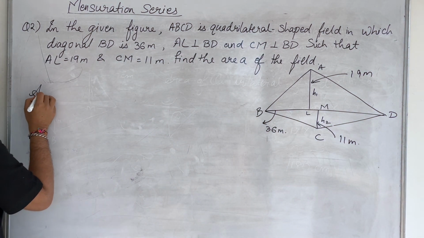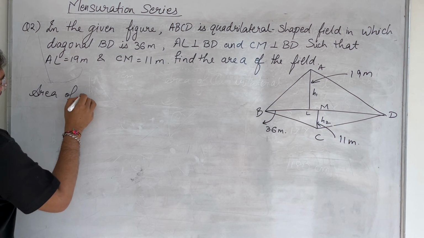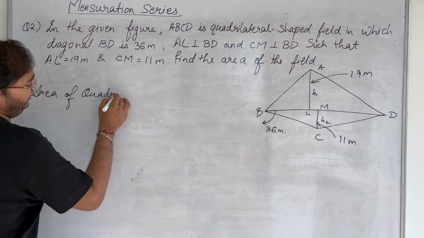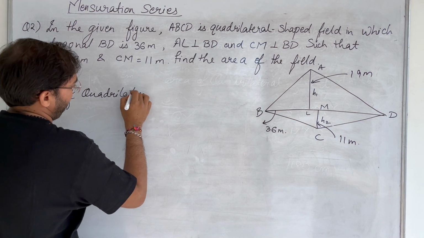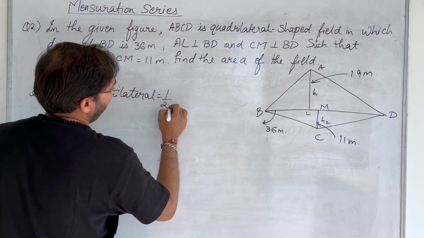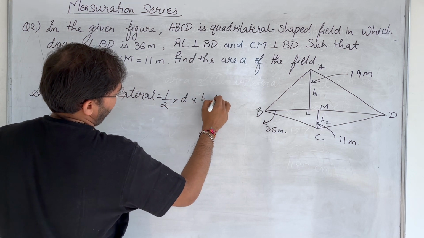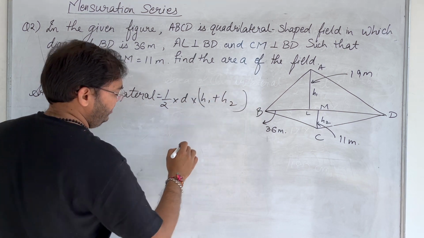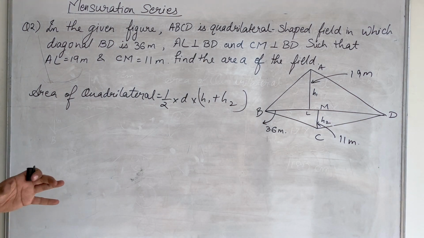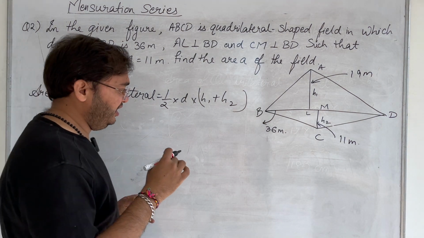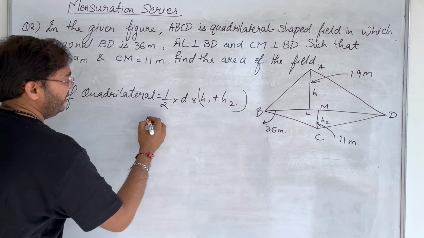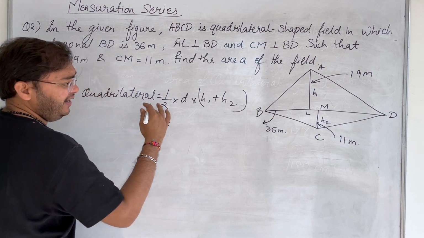Now we know this field is a quadrilateral, so area of quadrilateral equals half into diagonal into height 1 plus height 2. Half into diagonal, half into base, that is diagonal, into height 1 plus height 2, which equals half. What's my diagonal?